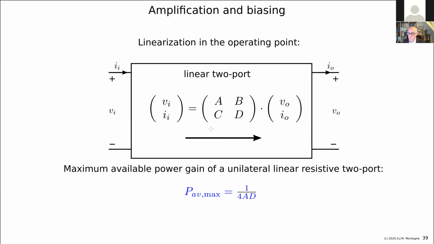And that is the maximum available power gain if this thing is unilateral, which means if a change at the output is not observed at the input. So there's only one direction, as the arrow tells you, there's only one direction of signal transfer from input to output. Well, that is the story about the fundamental of biasing and amplification.